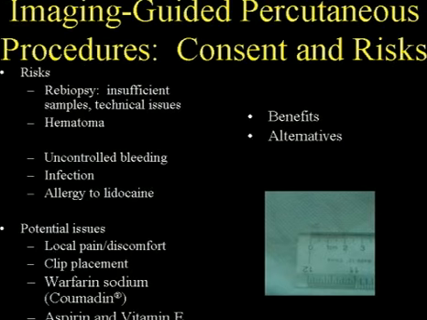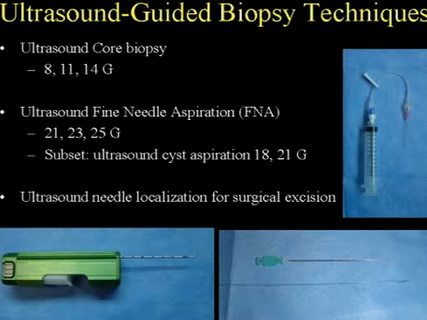As with any biopsy, you should go over the benefits, which would be early diagnosis of cancer or exclusion of cancer, and alternatives, which would be other types of biopsies, including surgical biopsy, or of course the patient doesn't have to have the biopsy, it's up to them. So starting with the ultrasound-guided biopsy techniques, again, there's many different types, and so the basic ones are the core biopsy, which I have illustrated here, fine needle aspiration, and then ultrasound needle localization for surgical excision.